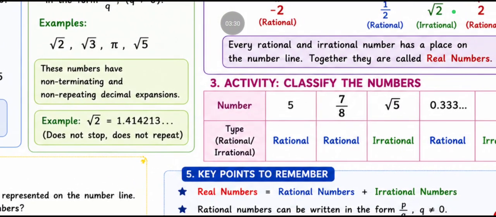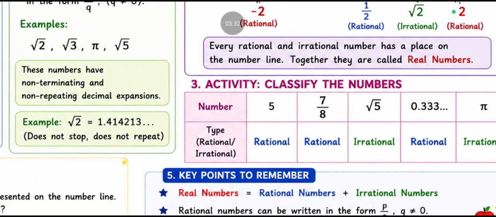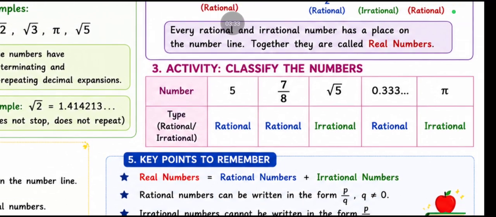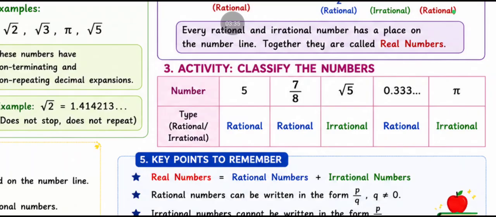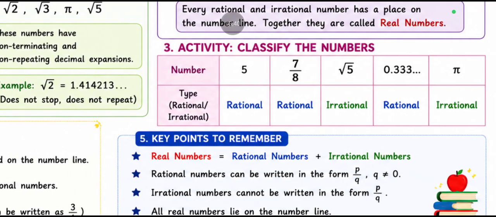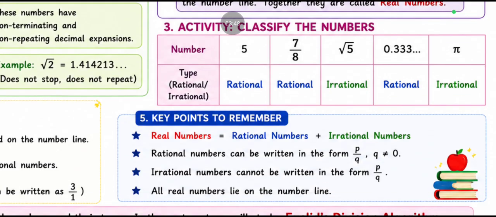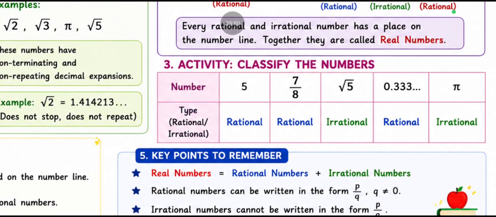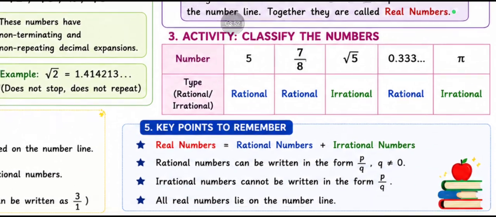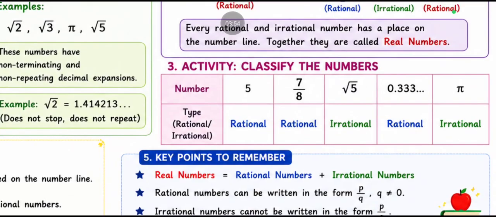Okay. Now let us take an activity: classify the numbers. Here are some numbers and the types of numbers are also given. Have a look here, children. 5, 7 by 8, 4 root 5, 0.333 and so on, pi. Now 5 is a rational number, because we can write 5 as 5 by 1, where 1 is not equal to 0.